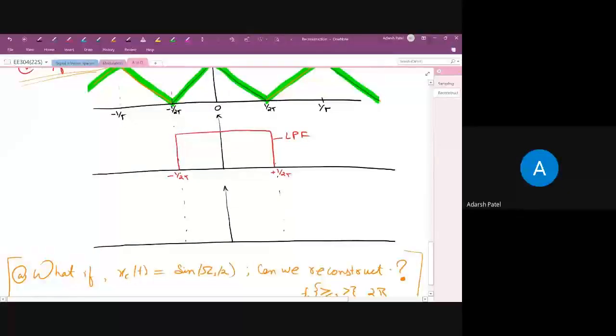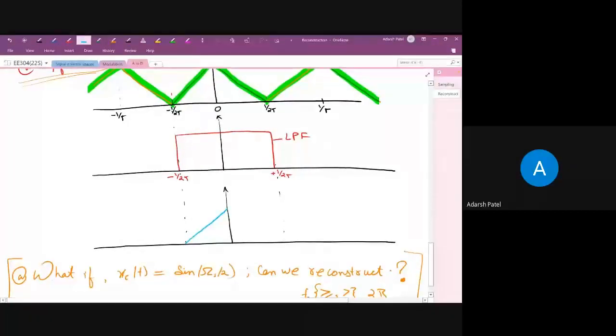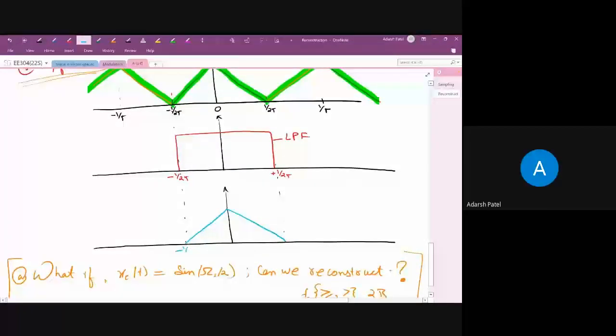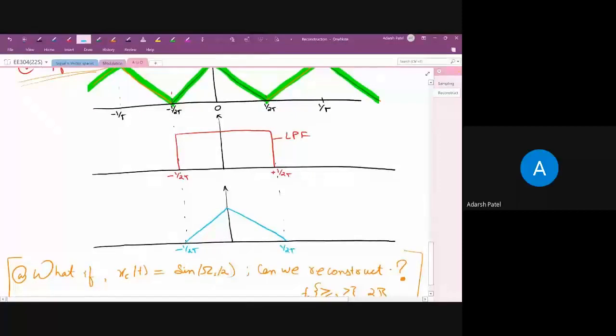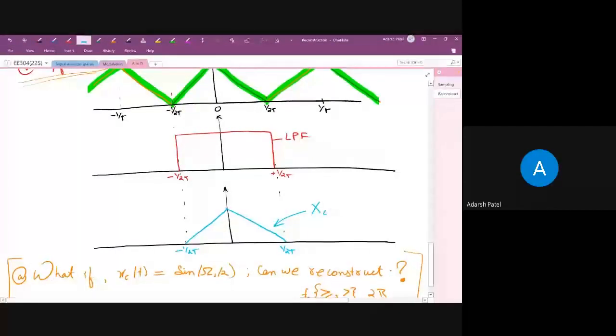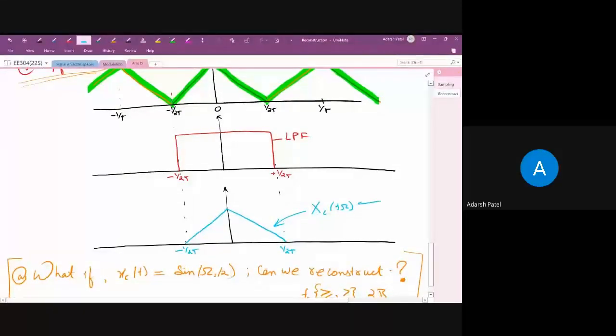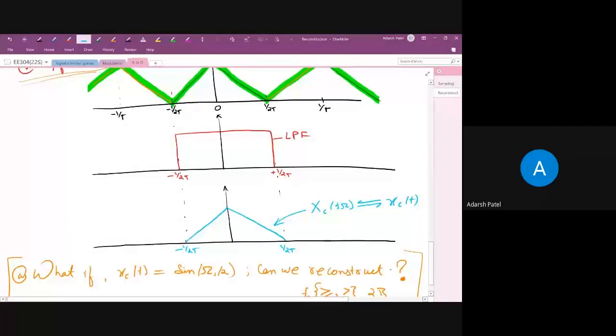I should get this, which is exactly the same as Xc(j omega). If we take the inverse Fourier transform of this, we get xc(t).